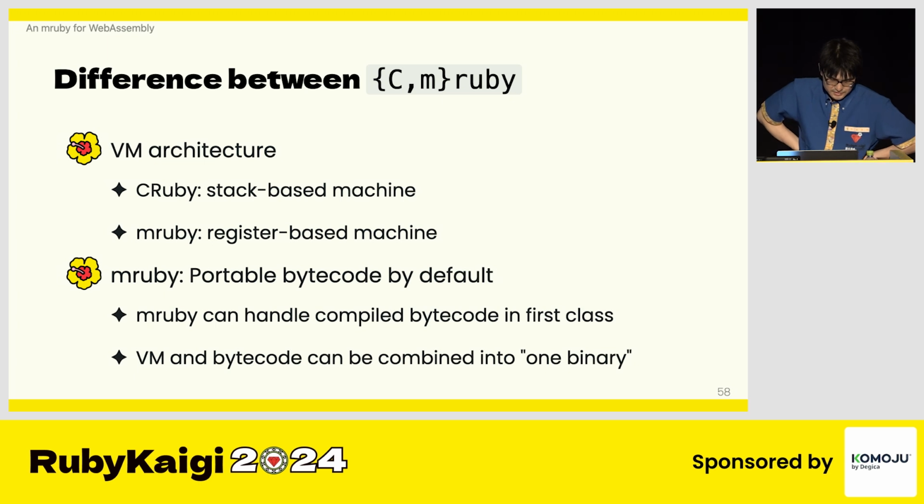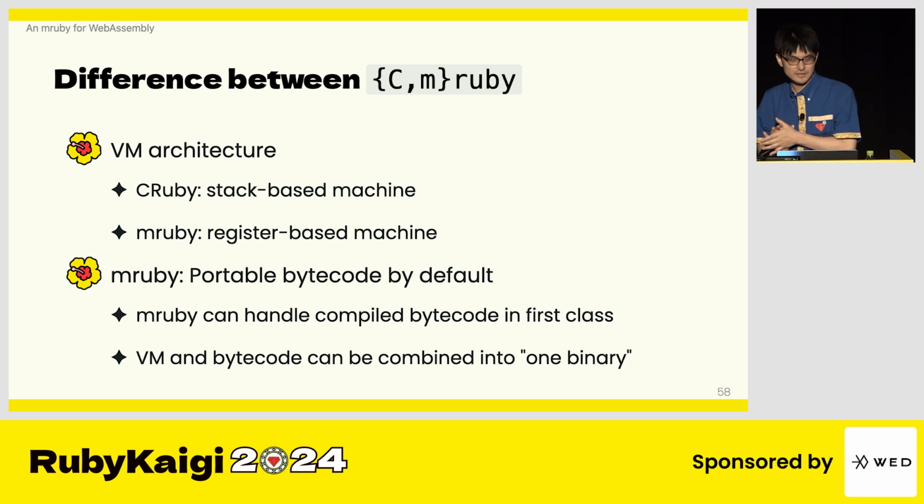The difference is VM architecture: Ruby's is stack-based and mruby's is register-based. mruby's bytecode is, I think, more portable.